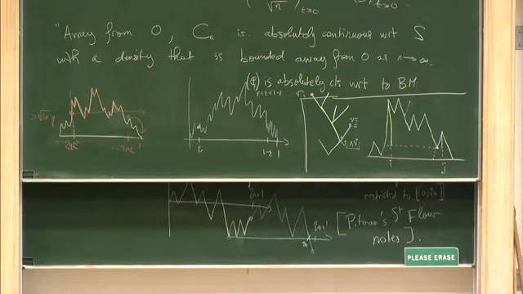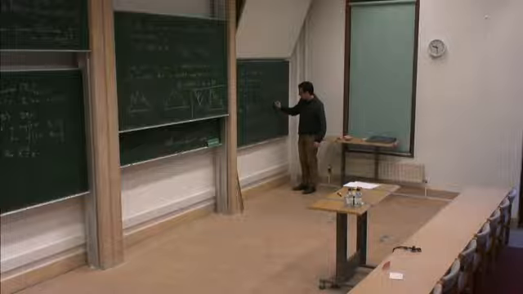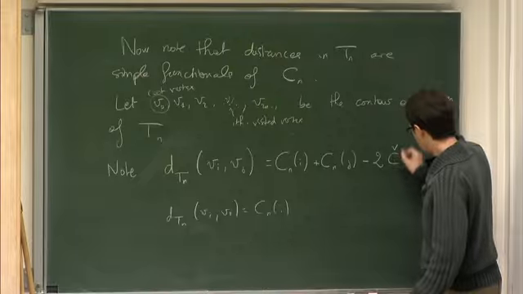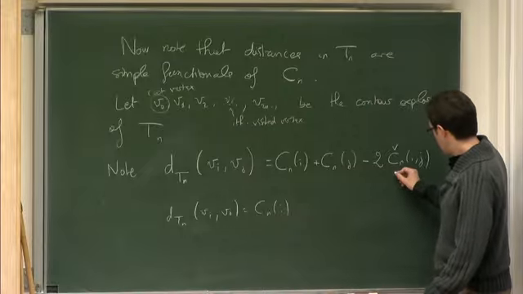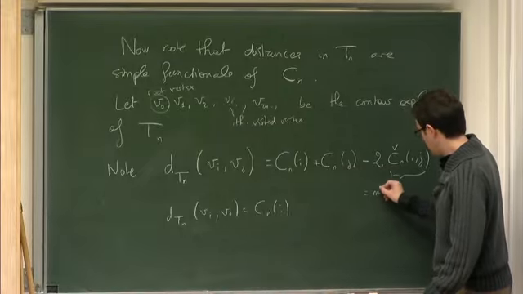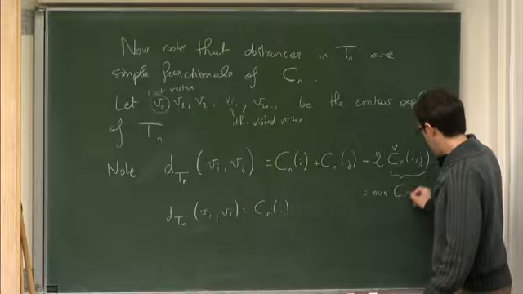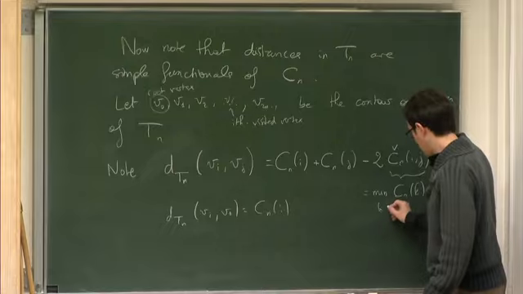A way to write it concisely is Cn of i plus Cn of j minus twice the minimum value, which I want to denote by Cn check of ij, where this is the minimum of Cn of k for k between i and j.